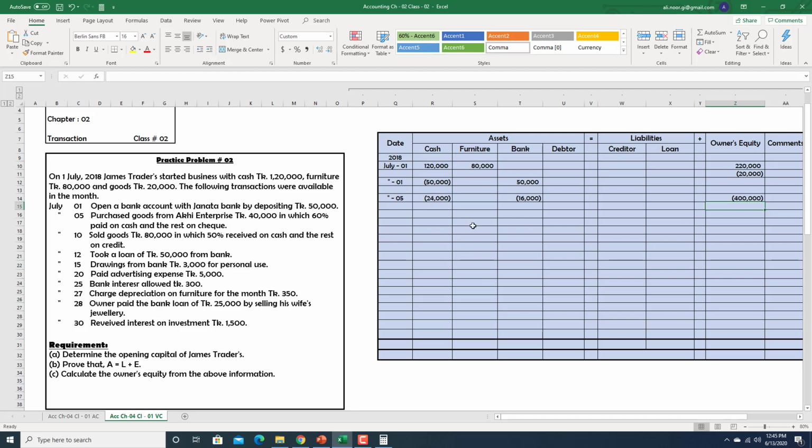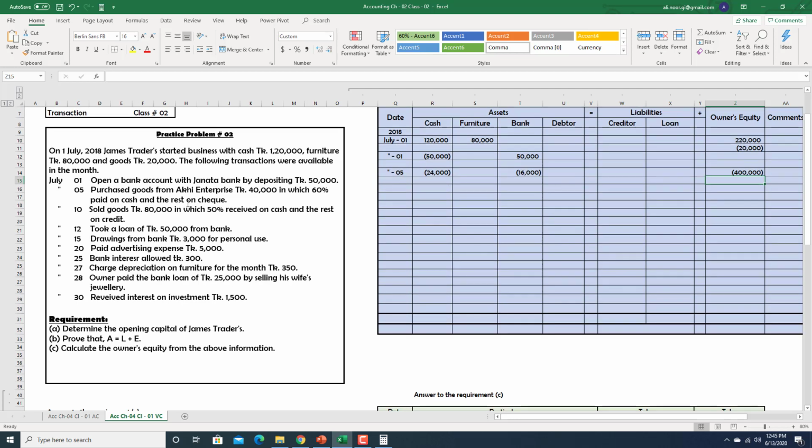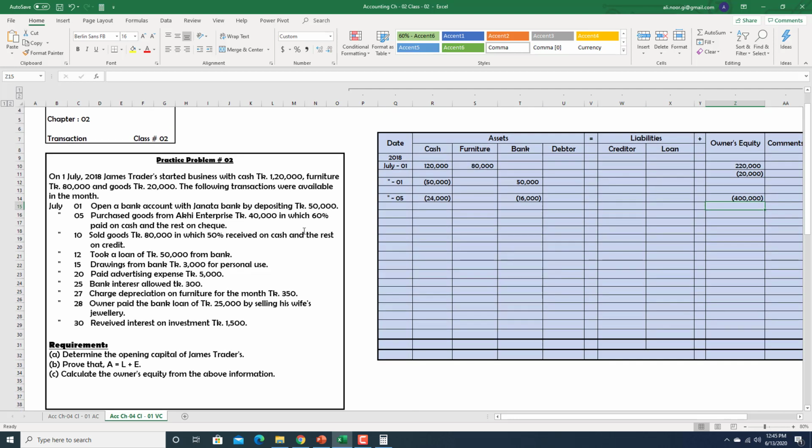Notice very carefully that for purchasing goods using two types of payment, cash and check, you write cash under cash and check under bank, both will reduce their respective accounts, and the total amount must be subtracted from owner's equity.